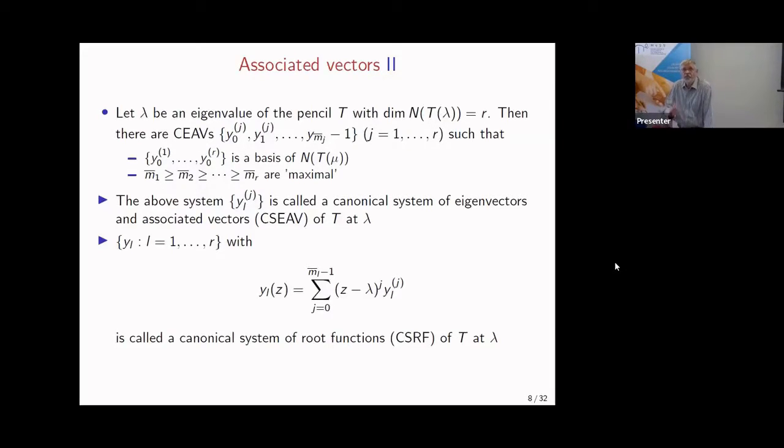And then this system is called the canonical system of eigen and associated vectors.